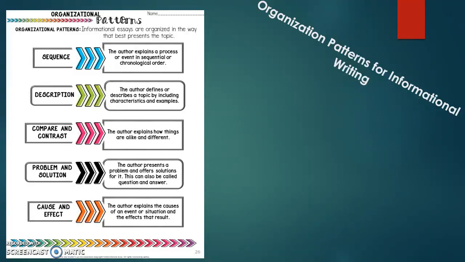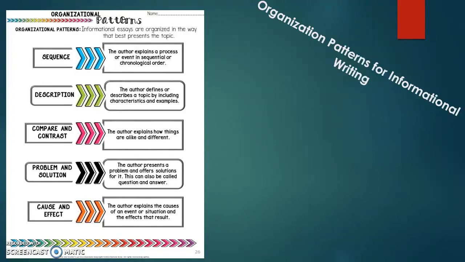Okay, description: the author defines or describes a topic by including characteristics and examples. Compare and contrast is when the author explains how things are alike and different. For instance, if you're talking about animals that are house trained, you can talk about cats and dogs. Well, they're going to be pretty different, and they are going to have some similarities.